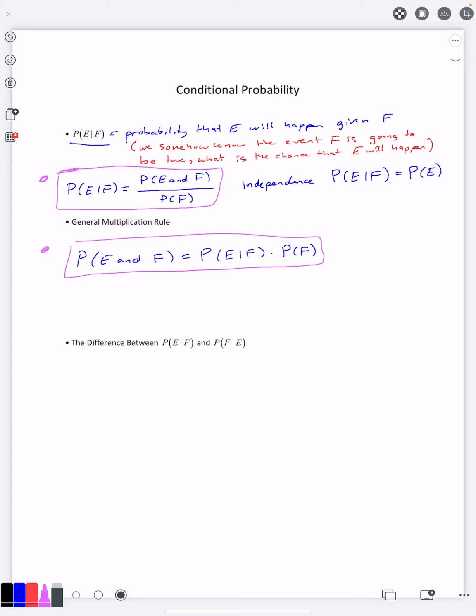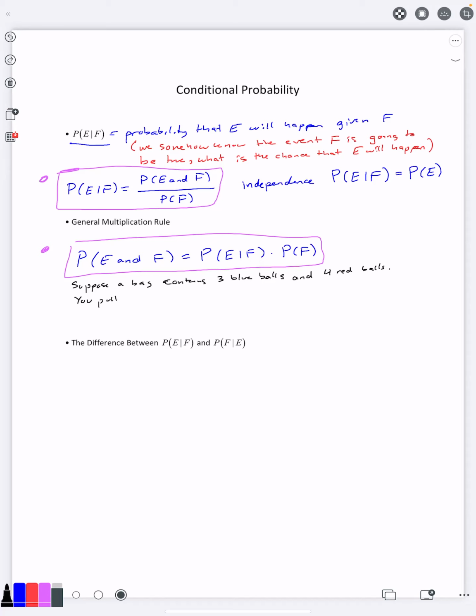Here's an example of a conditional probability that you could find and then use this formula here. Let's suppose a bag contains 3 blue balls and 4 red balls.